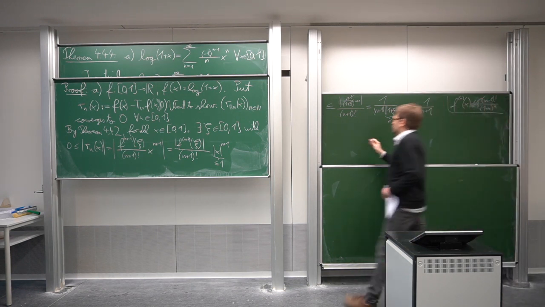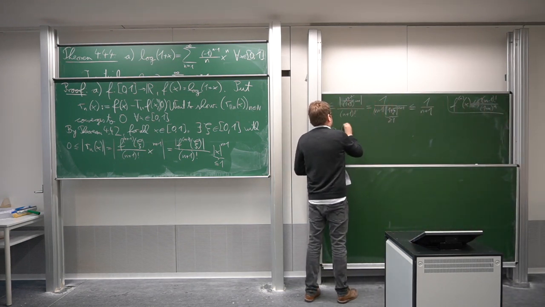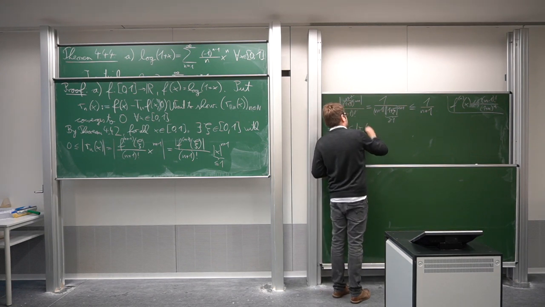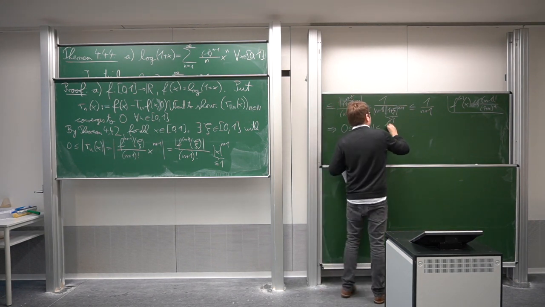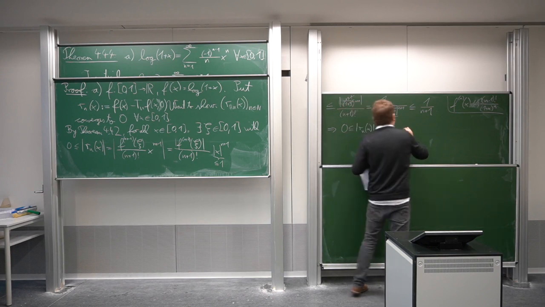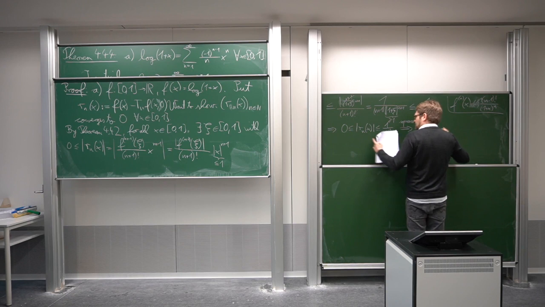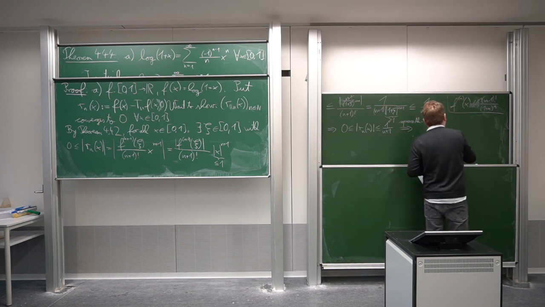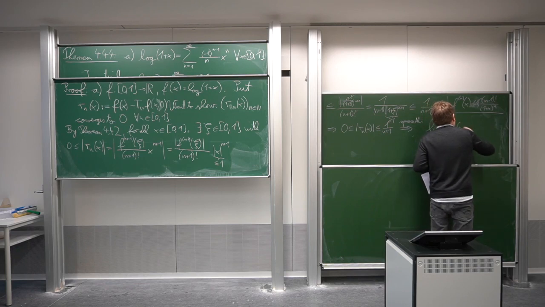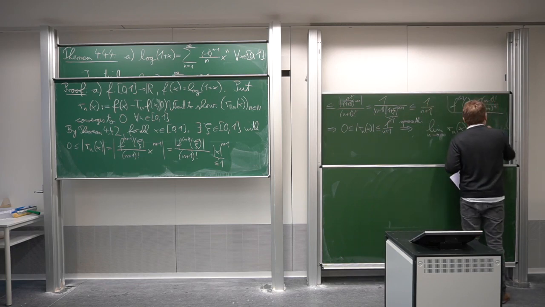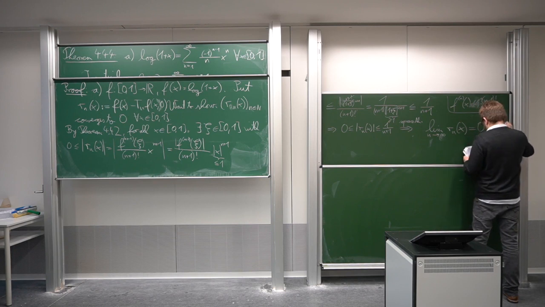So we've shown that 0 is smaller than or equal to Rn of x, is smaller than or equal to 1 over n plus 1, and this implies by the squeeze theorem, since this obviously goes to 0, that the limit of this here goes to 0, and so we can again forget about the absolute value. So this goes to 0 for all x between 0 and 1.